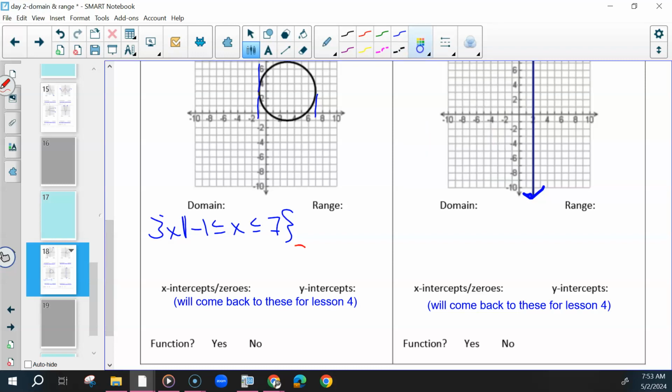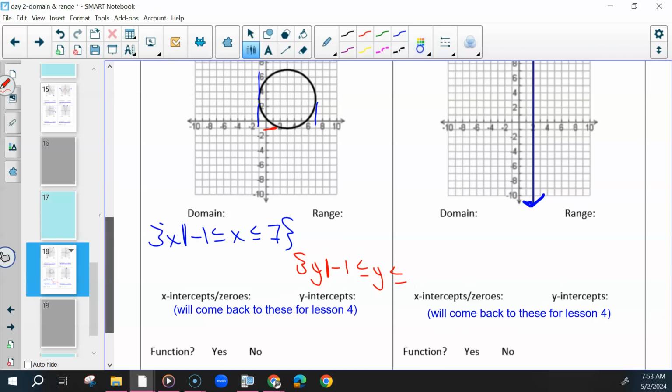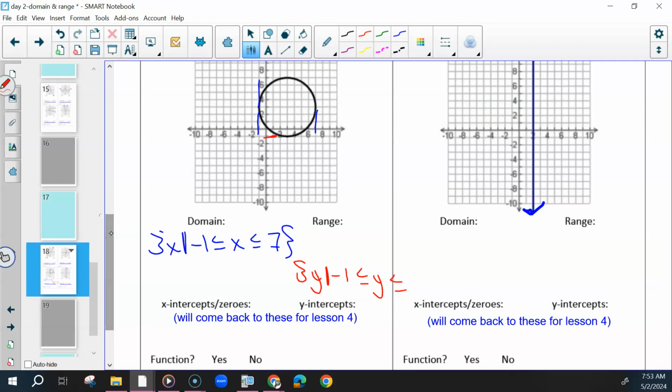Starts off the same, but with y. What's our lowest? -1. How would I keep writing that? Not x, y. Is 6 the highest? 7.